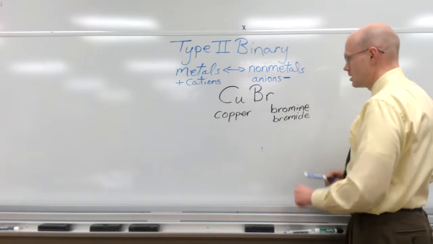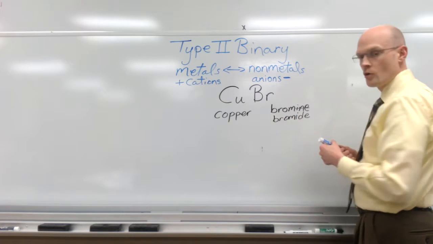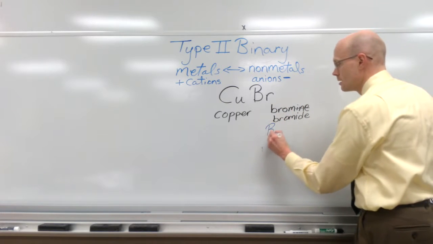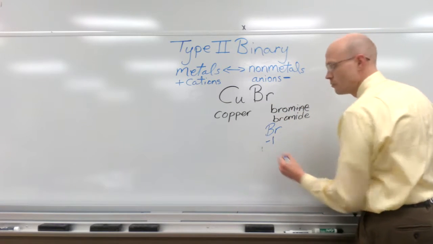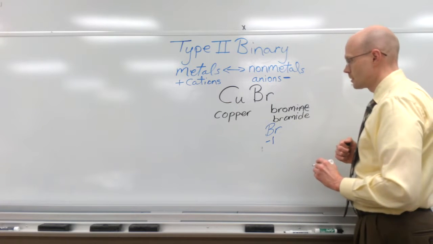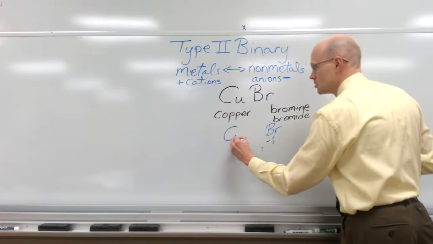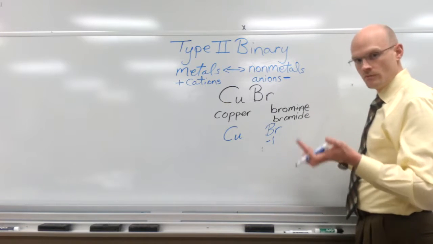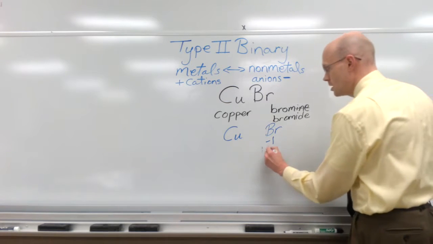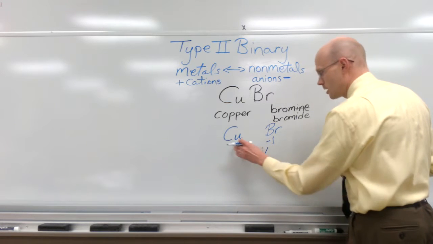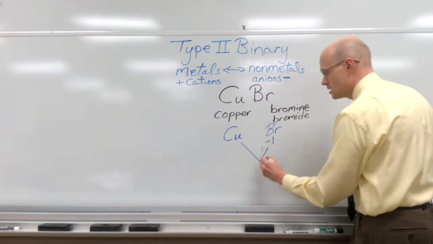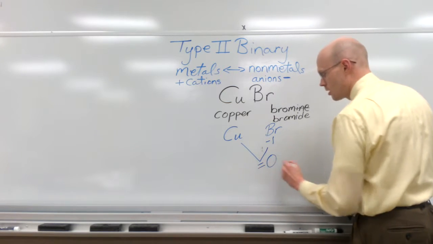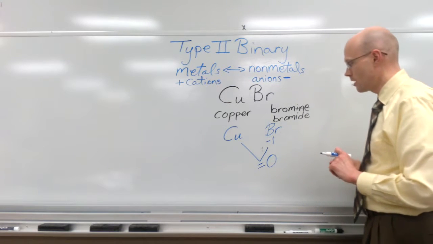Bromine, when it becomes the anion bromide, carries a -1 charge. Copper is a transition metal, so it may have varying charges. But we know that together, our cations and our anions add together with a 0 net charge on our compound.